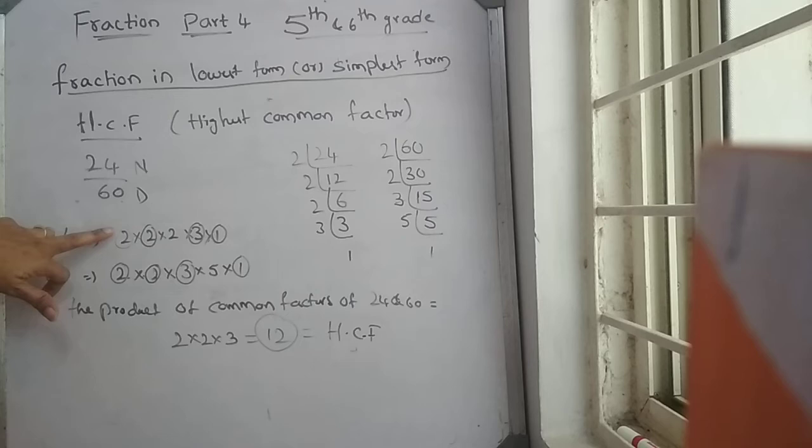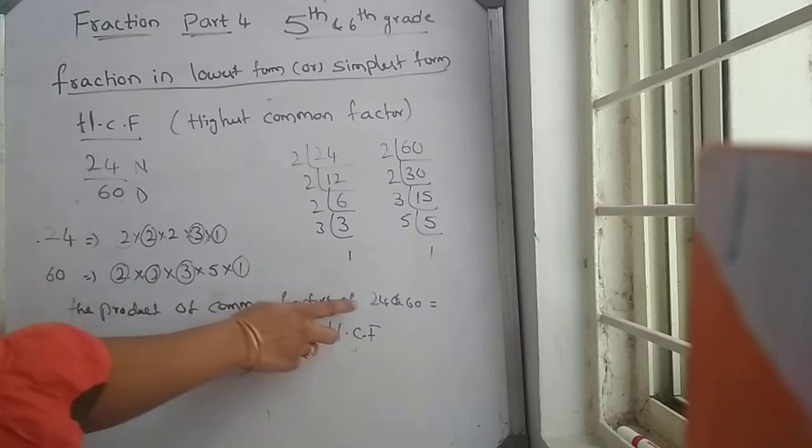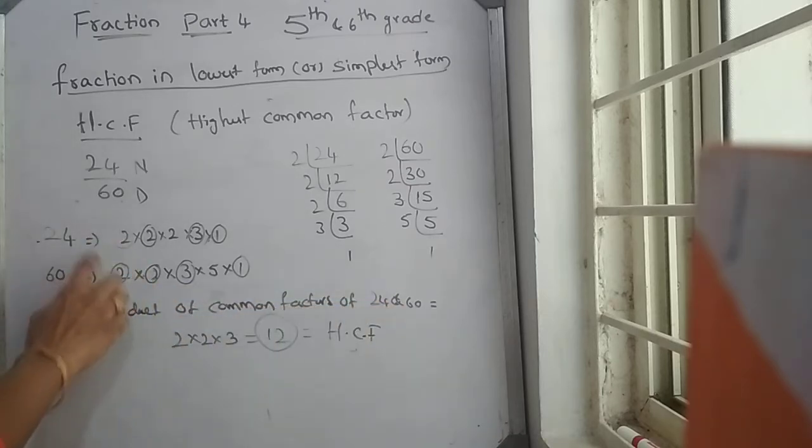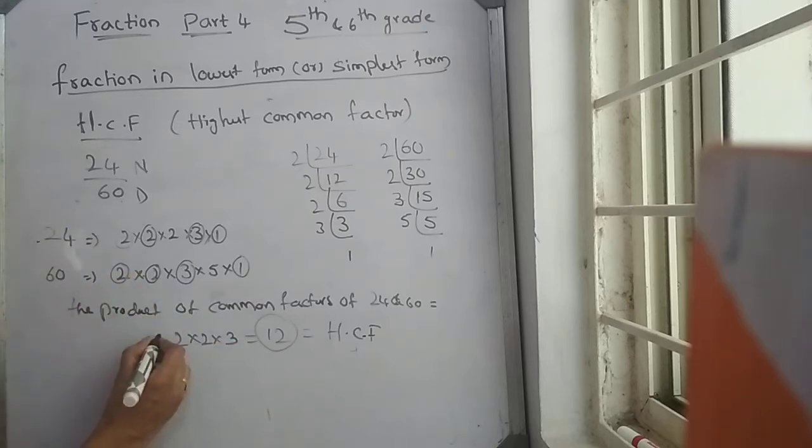Here 2 is a factor of 24 and 2 is a factor of 60, so I circled it. Next, 2, 3 and 1 are common. So the product of common factors of 24 and 60 is 2 into 2 into 3 into 1, which is 12. This is called HCF. Now clear, right? How to find the HCF?